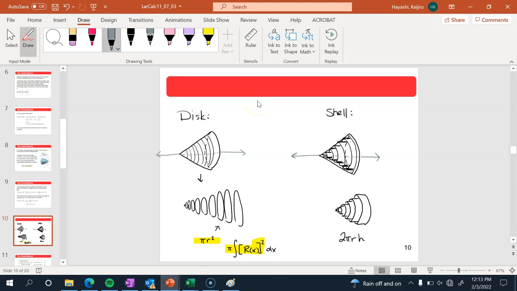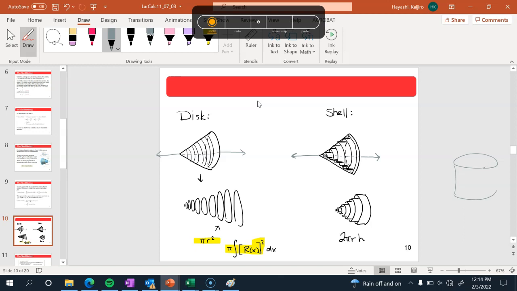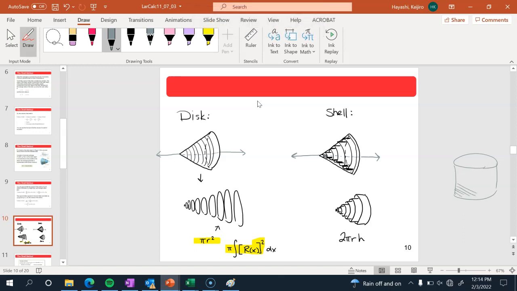That's because if you think about a cylinder and you only want its lateral surface area, or imagine taking a cylindrical paper band, the distance around this way is 2 pi r, because that's the circumference, and this way, that's the height.